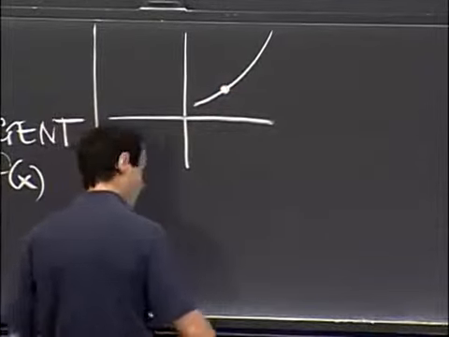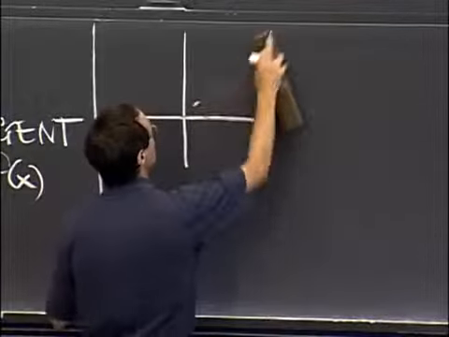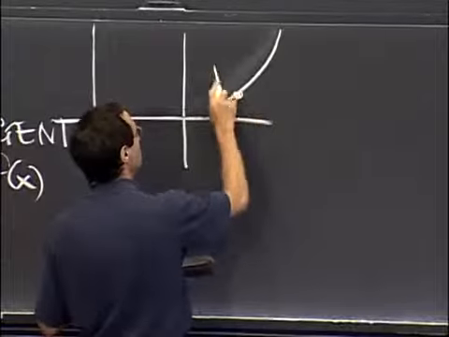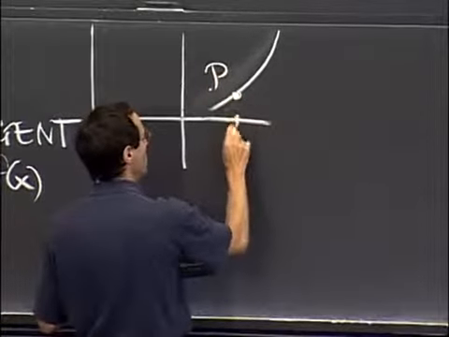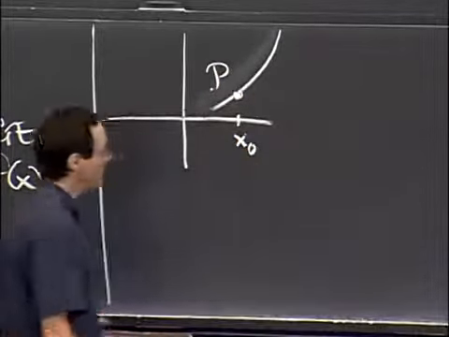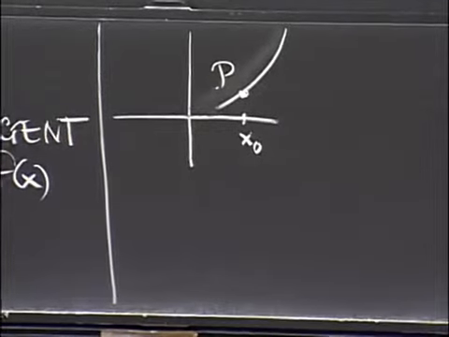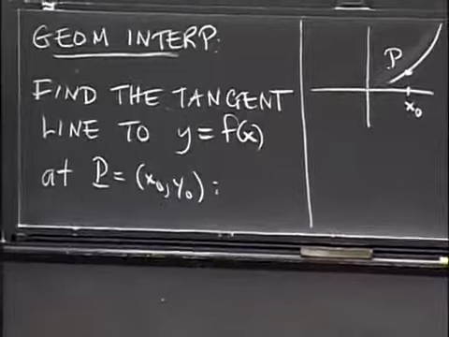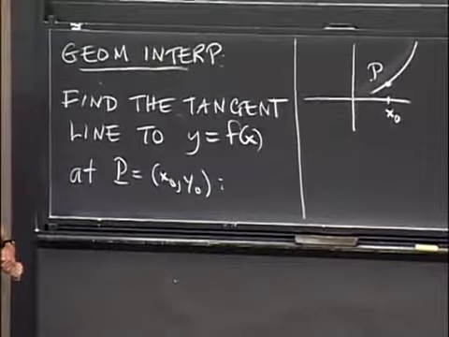All right. Maybe I should draw it just a bit lower. All right, so here's a point P. Maybe it's above the point x0. x0, by the way, this was supposed to be an x0. That was some fixed place on the x-axis.